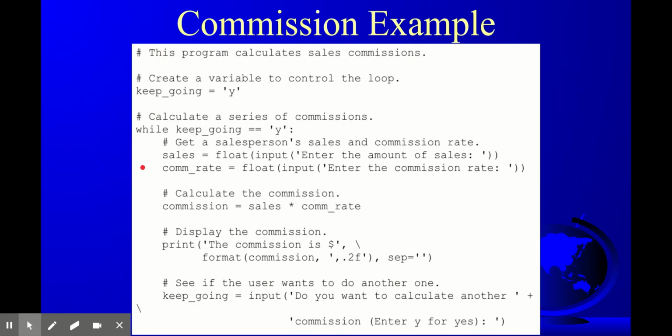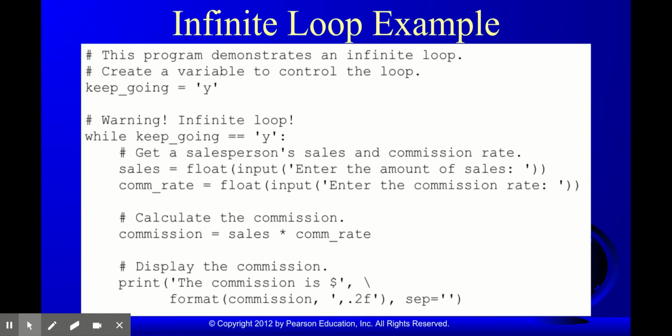But unlike the previous program, where a user input asks, do you want to calculate another one, and if the person enters a Y it re-enters the loop, or if the user enters anything else it exits the loop, this one does not have that command. So the keep going variable is always equal to y, and therefore it creates an infinite loop.